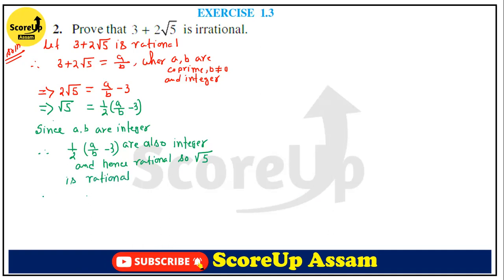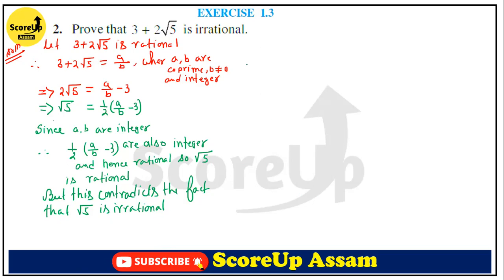But this contradicts the fact that root over 5 is irrational.